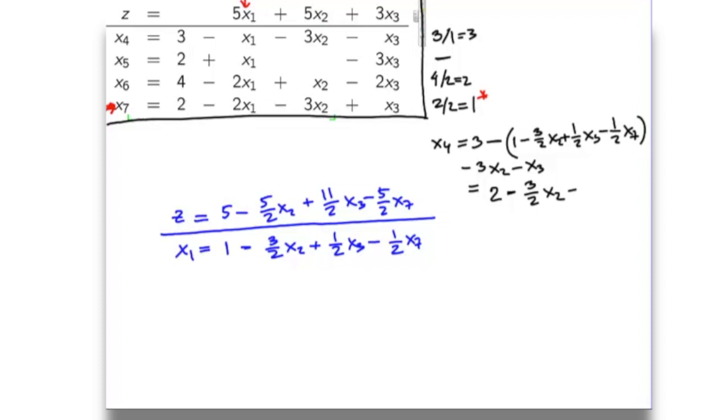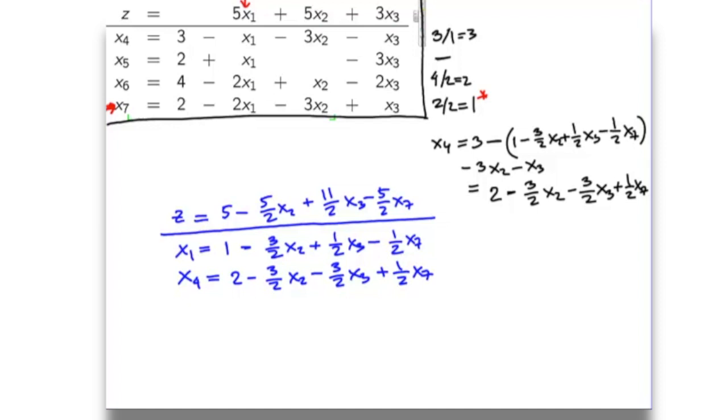Again, minus 3/2 x3. And the coefficient for x7 will be 1/2. Okay, so now we are ready to write the expression for x4. It is 2 minus 3/2 x2 minus 3/2 x3 plus 1/2 x7.